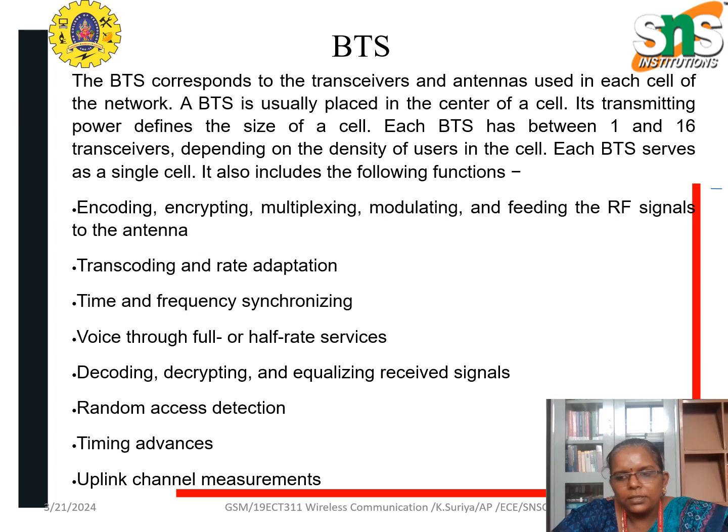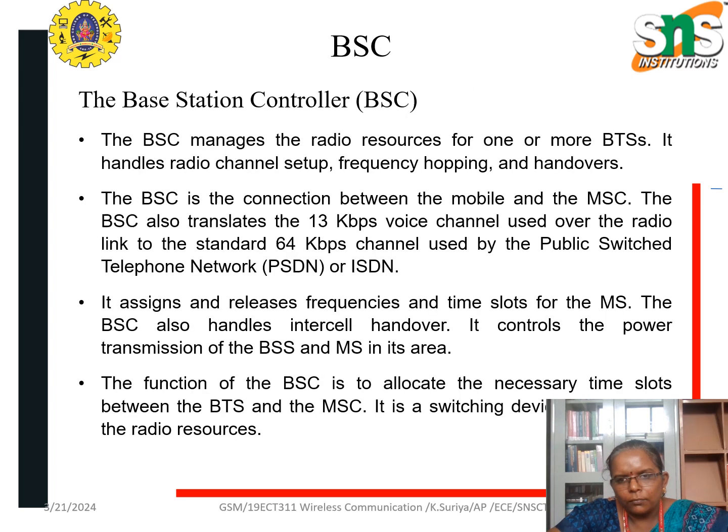Apart from this, there are several other functions performed by the base transceiver stations, like encoding, multiplexing, encrypting, modulating, then feeding the signals into the antenna, time and frequency synchronization, decoding, decrypting, and equalizing the received signals, uplink channel measurements, random access detection. All these are additional functions that are performed in the base transceiver station.